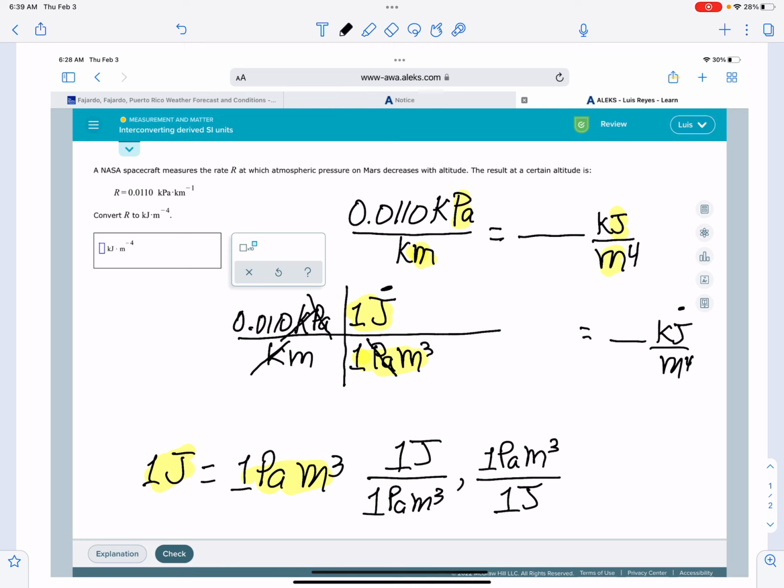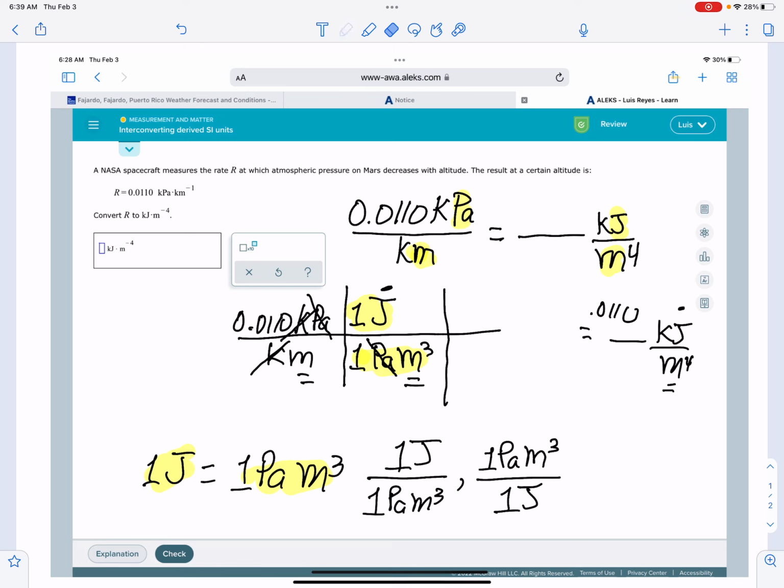And when you do that, that's gonna give you 0.0110 joules over M4, but you don't want joules, you want kilojoules.